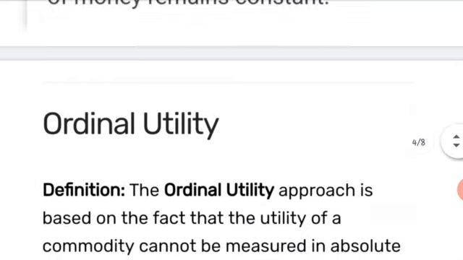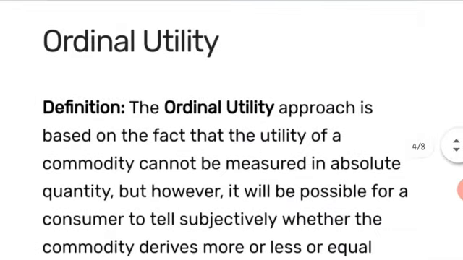Then come to the next one, Ordinal utility approach. Modern economists like J.R. Hicks and R.G.D. Allen and others have supported this approach. This approach throws light on preferences.